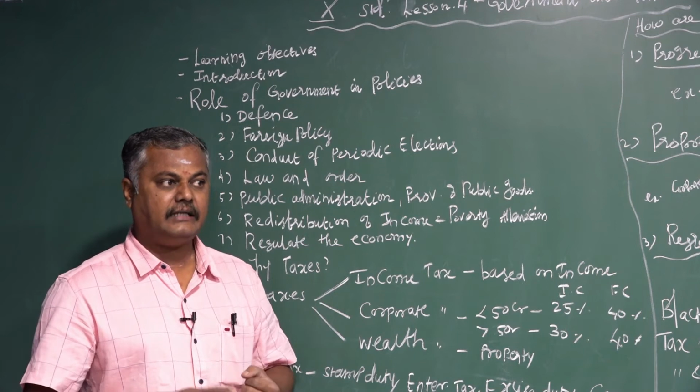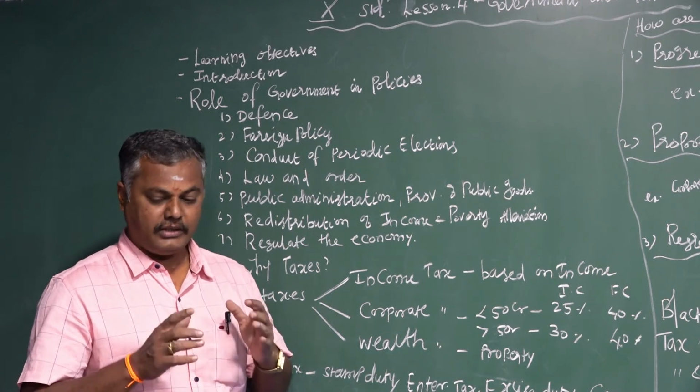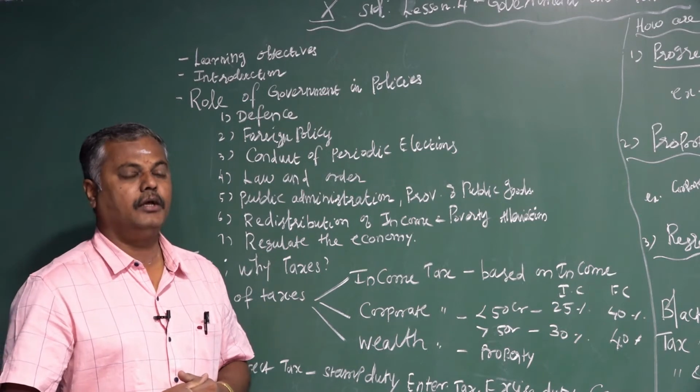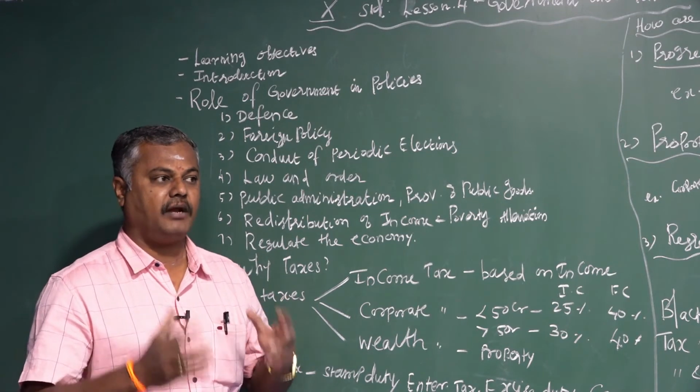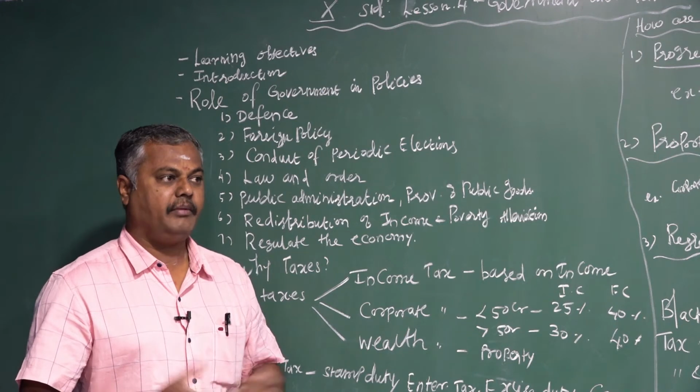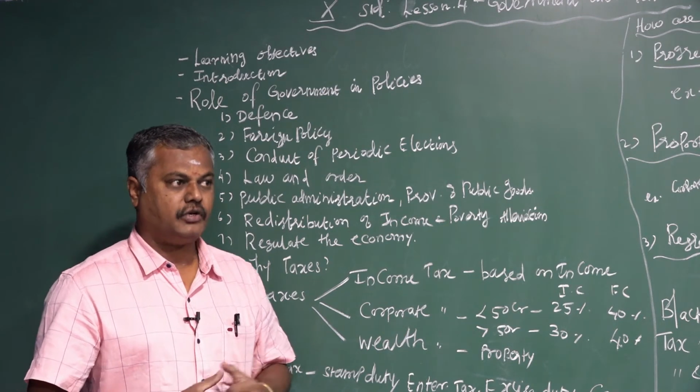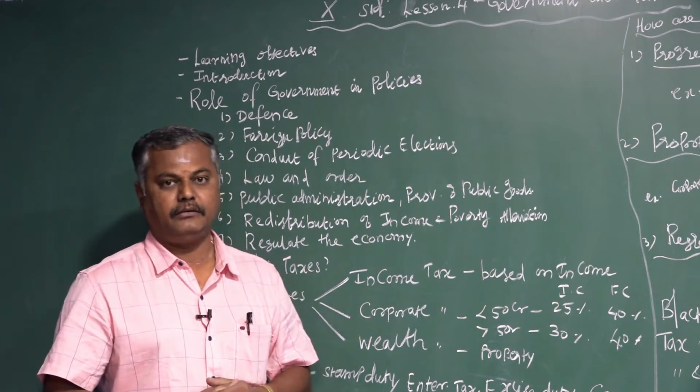Both the central and the state government enact, I mean create, numerous laws, I mean several kinds of laws, to protect our rights, maybe the fundamental rights or the fundamental duties or our properties, and to regulate our economy and society. Isn't it okay?